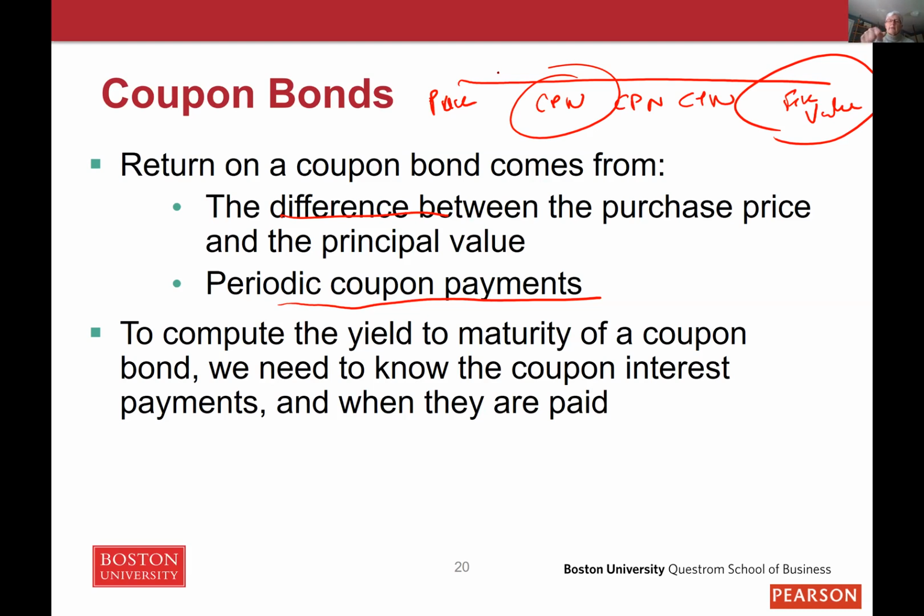There was actually a problem in the exam which said you're going to get this amount of money periodically, and you're going to get this amount of money at maturity. So this is exactly the same cash flow structure as that problem on the exam. The first thing we have to do is learn how to take the language in a coupon bond problem and turn it into the timeline.